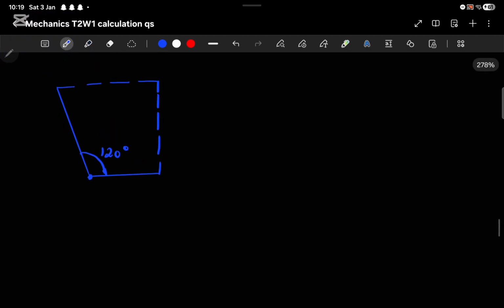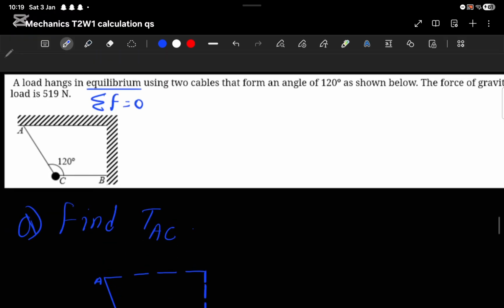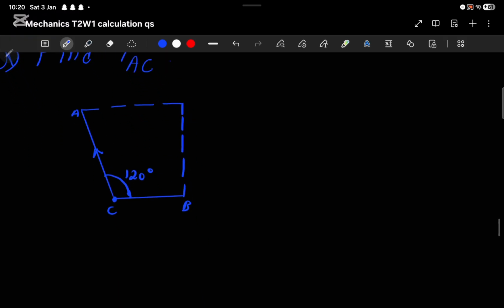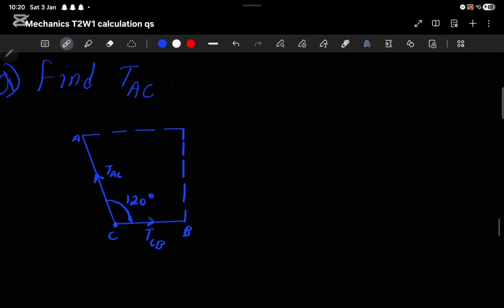And this is ACB, I believe. Yes. Okay. So you have a tension here, let's call it TAC, and you have here TCB. Now they want us to find the tension between A and C, which is TAC.